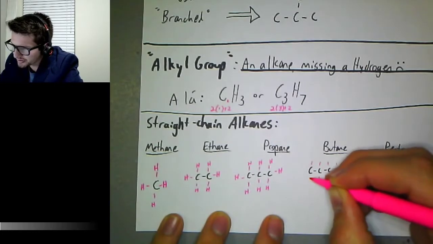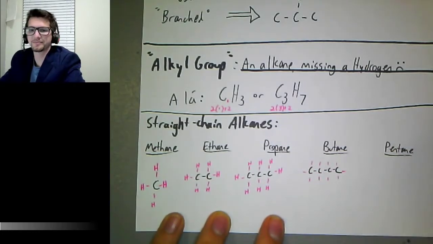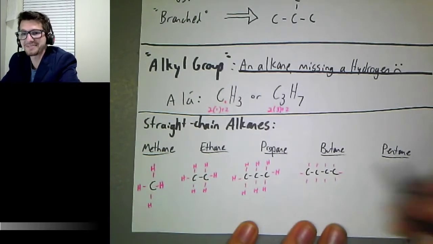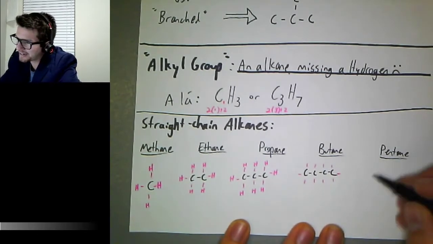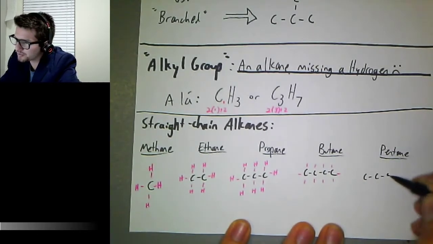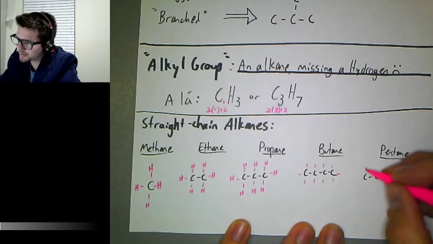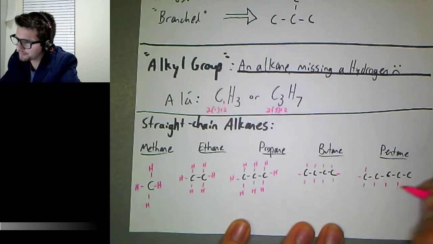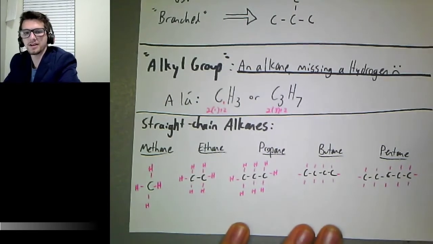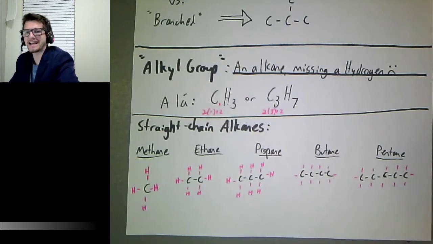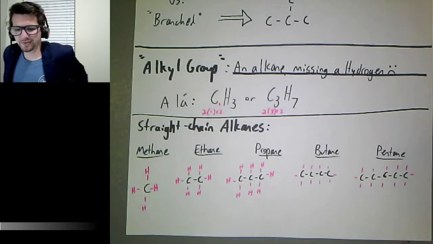I'm going to just draw the bonds. I'm not going to write the H's because it's going to take a long time. Pentane. 5 carbons. 1, 2, 3, 4, 5. And those will all be surrounded by hydrogens. So these are the straight chain alkanes that we're going to be acquainted with.